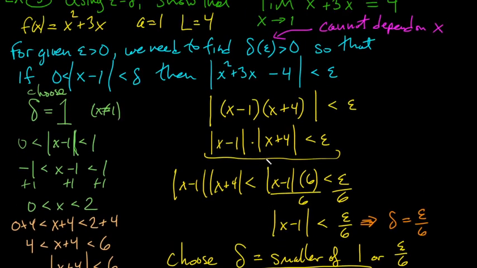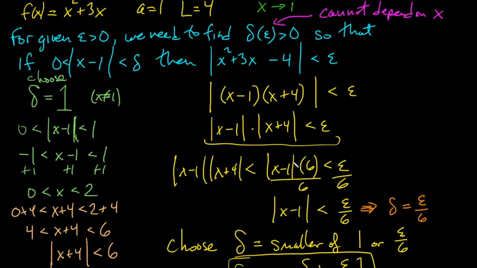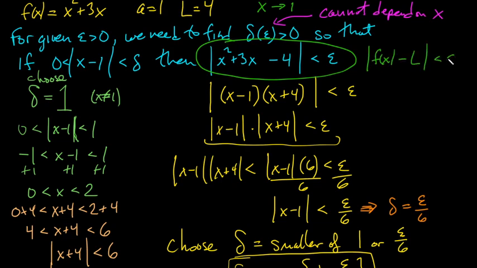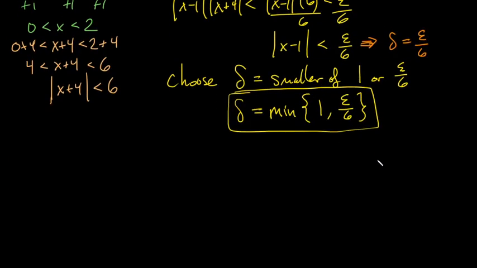Okay, so that's our choice. Let's see what happens. If this is our choice, what we want to prove at this point is this statement here, that f of x minus L is within epsilon, or f of x is within epsilon of L. So let's suppose epsilon is pretty big, and that the minimum of the two is 1.